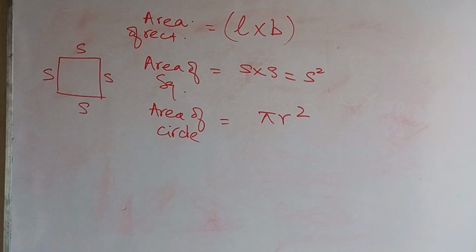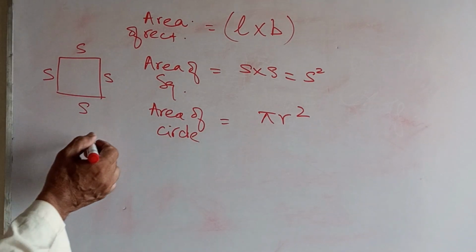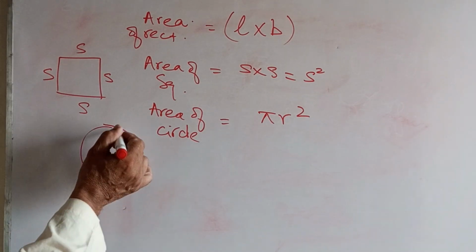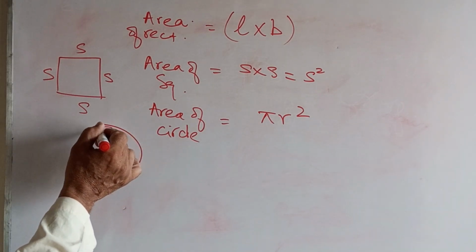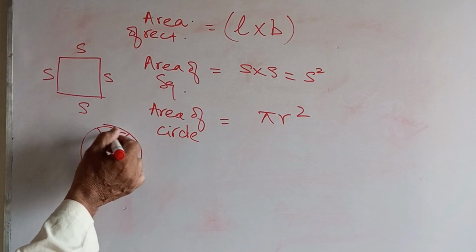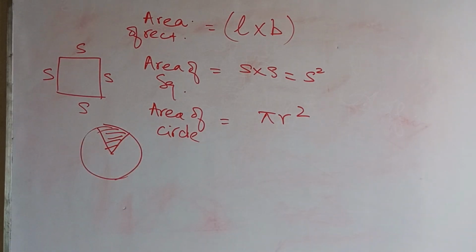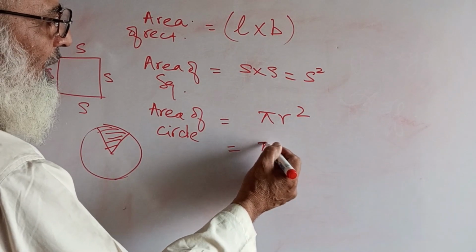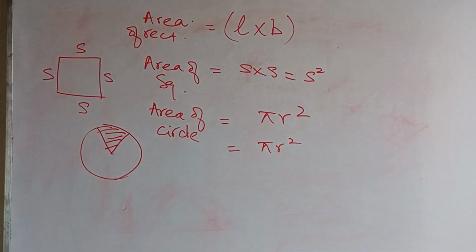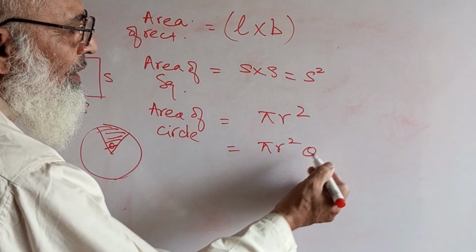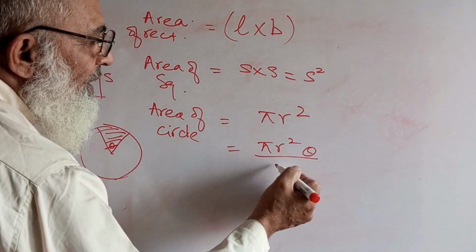And if you want to find the area of a segment of that circle, for example, this is your circle and you want to find the area of this segment only, then there is another formula for this, and that will be equal to pi r square, the same, times the angle between which is theta, divided by 360 degrees.